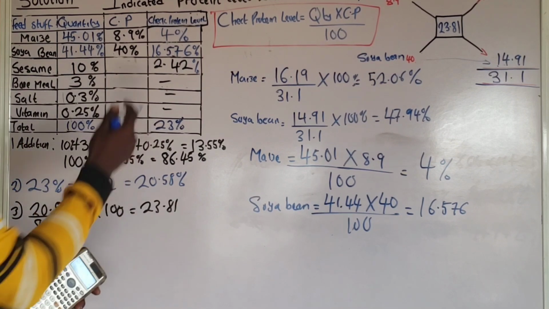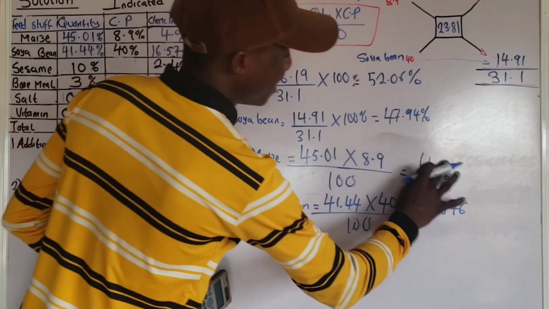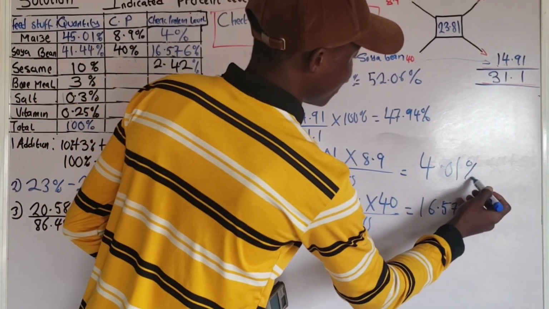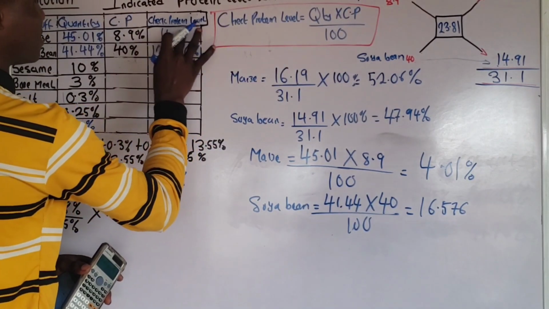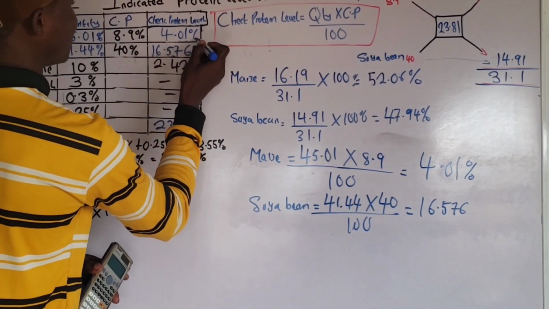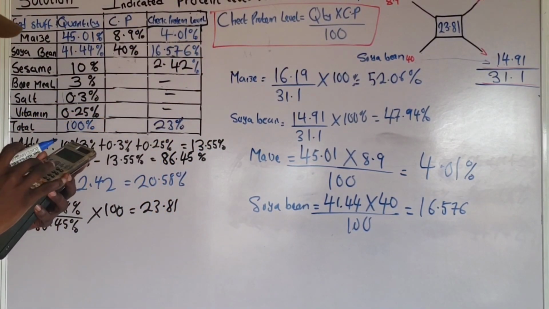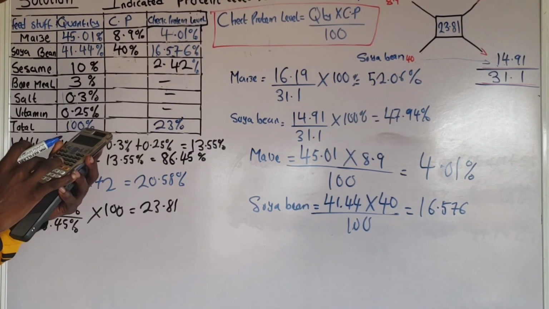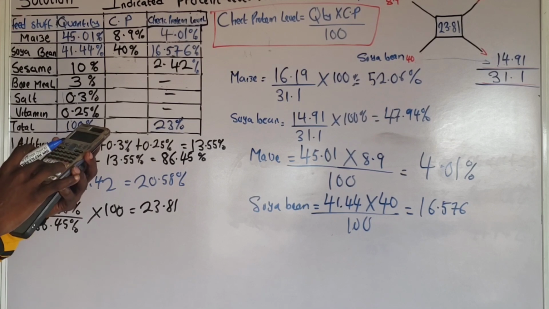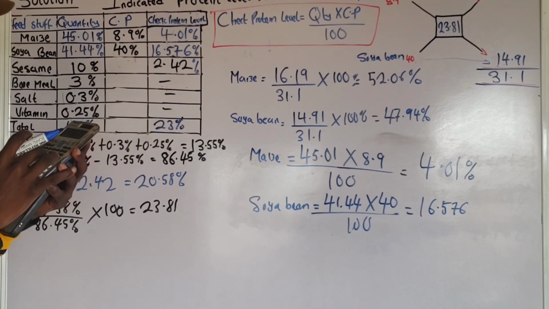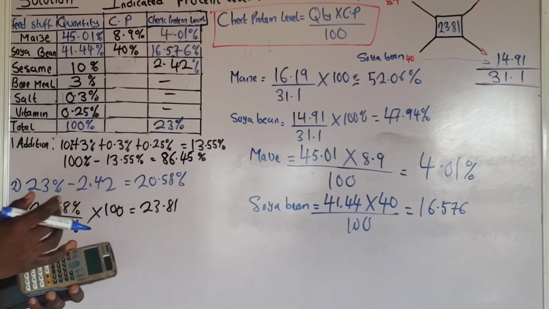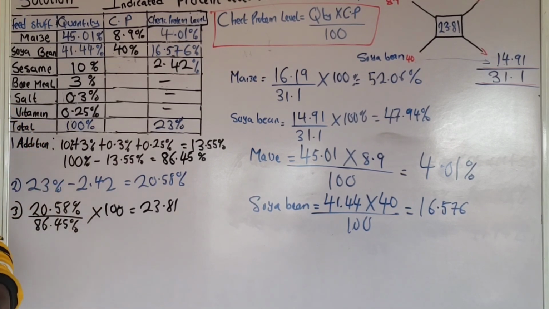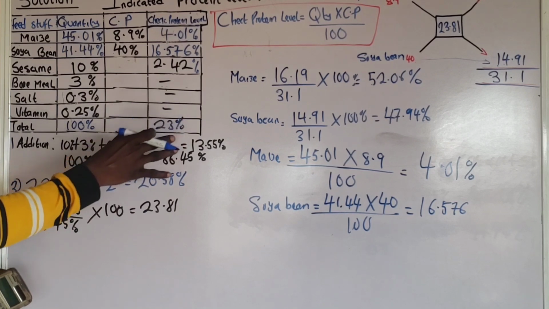So if I replace this as 4.01%, let's say I did approximate, now if we add all this together, let's check. 4.01 plus 16.576 plus 2.42. So you see I have 23.006, which is approximately 23. You understand? So that is how to calculate the crude protein level.